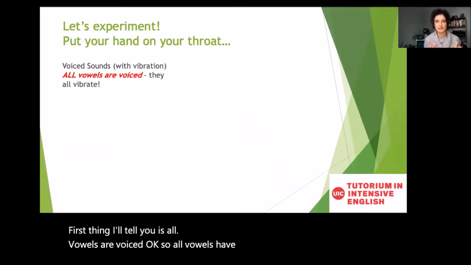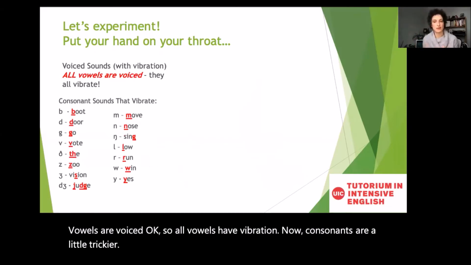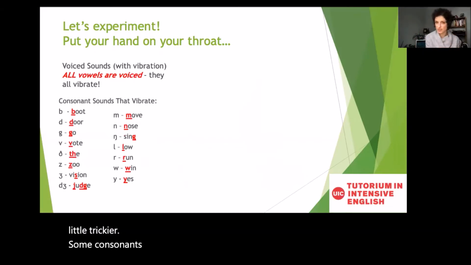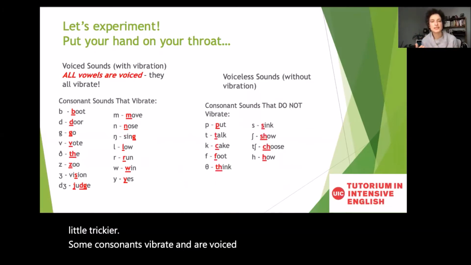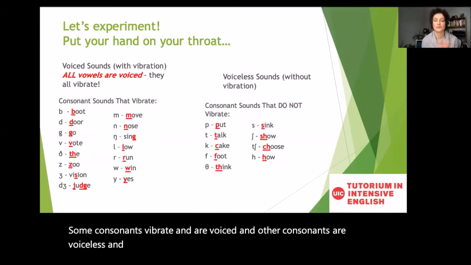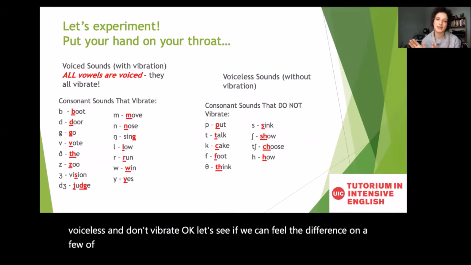Now consonants are a little trickier. Some consonants vibrate and are voiced, and other consonants are voiceless and don't vibrate. Okay, let's see if we can feel the difference on a few of these consonants. I'm not going to do all of them in this presentation.